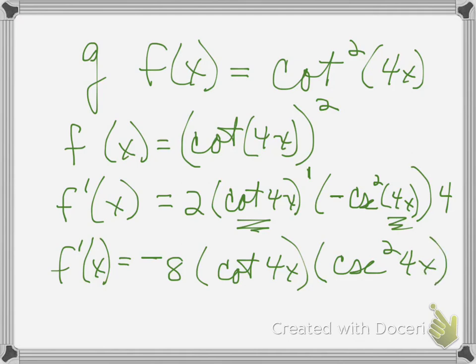Okay, so key things. Whatever angle you started off with, which was 4x, you have to have that coming back. If you have a power in your trig function, you should always expect you're going to get 2 trig functions in your answer. All right, so those are the big takeaways from this problem.